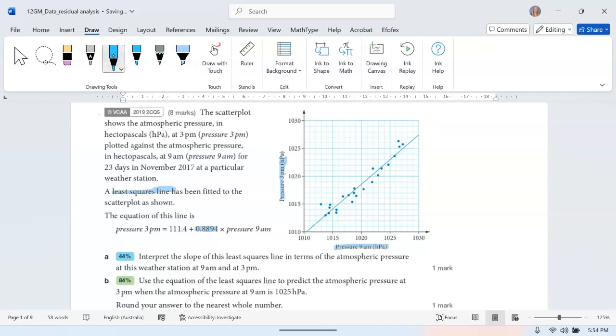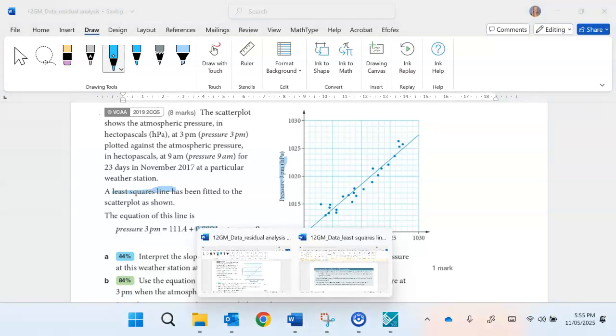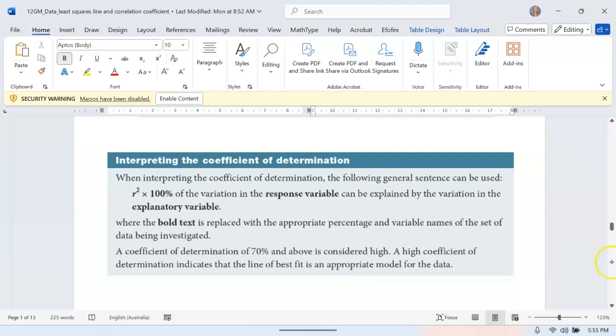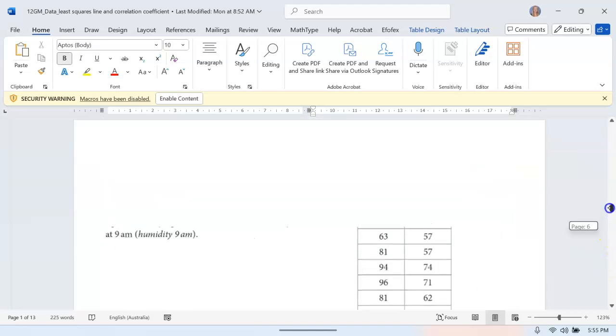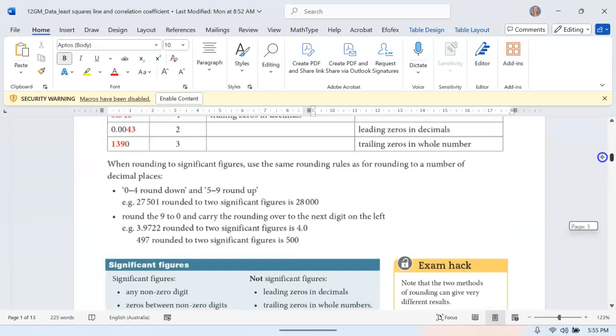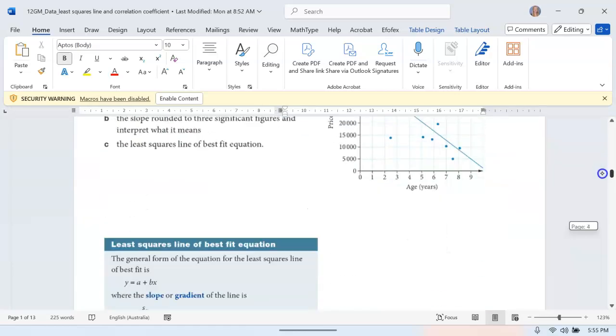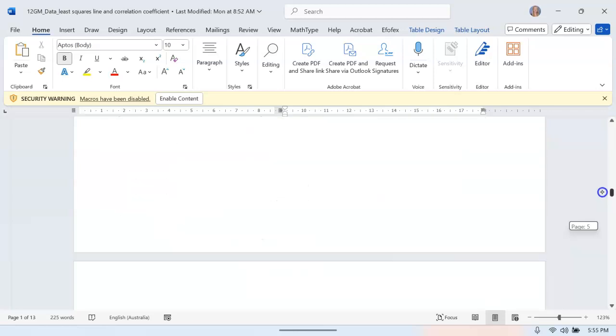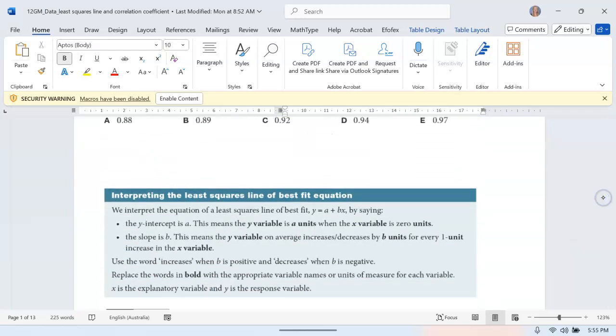So I'm going to have to really squeeze that in, but remember, if I just scroll back up a little bit, the 2 sentences we had in our notes. All right, so just here. We're interpreting the slope for this one.